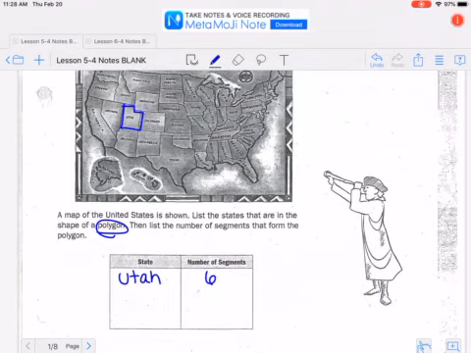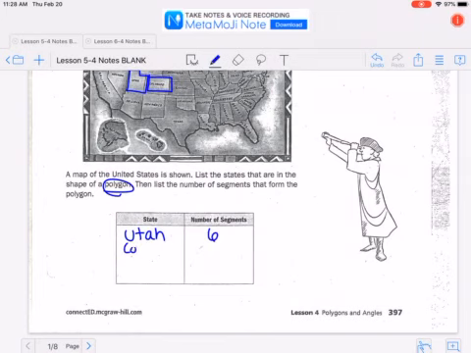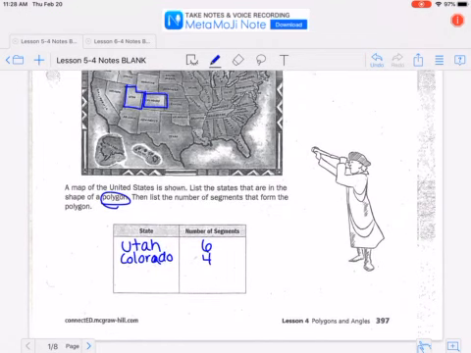Okay, another one I see is Colorado, which is right next to it. And that has 4 sides to it. Okay, another one I see is New Mexico.